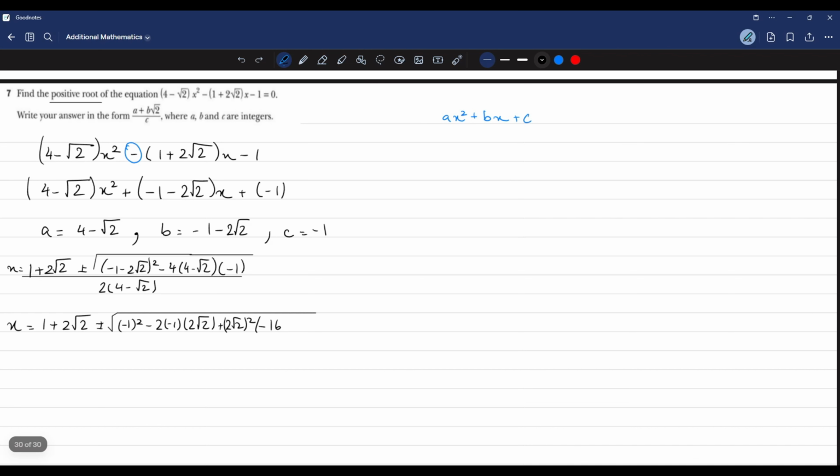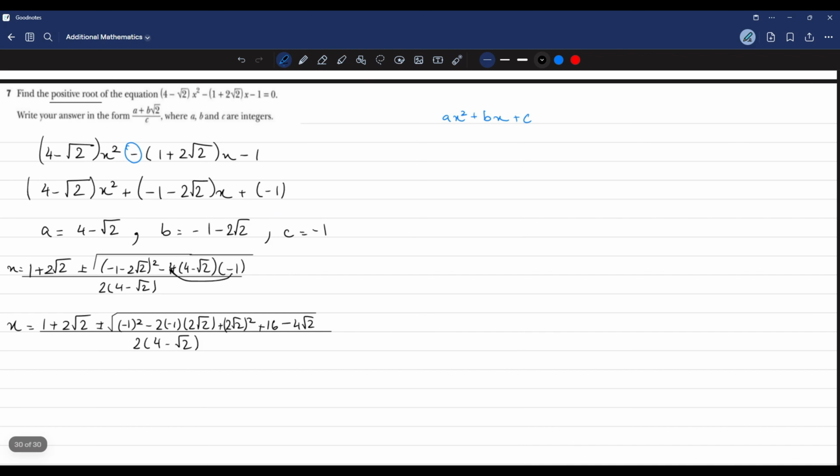In fact, why not just solve it like that? −1 multiplied by −4 would become positive 4. So positive 4 multiplied by 4 is positive 16. And positive 4 multiplied by negative 2 and negative under root would become −4√2. Divided by 2 multiplied by (4 − √2).